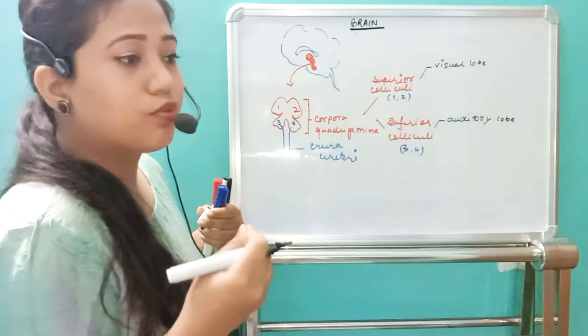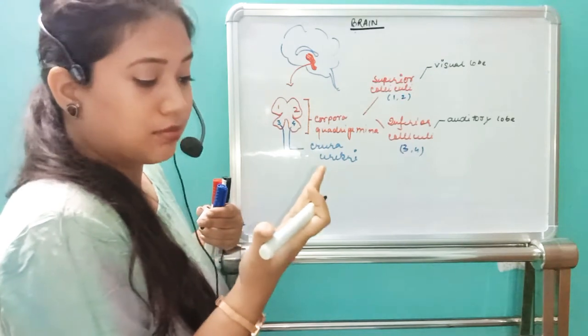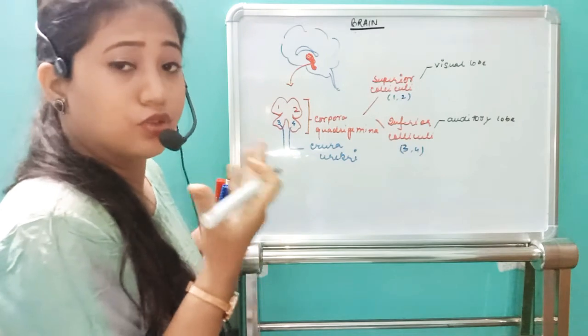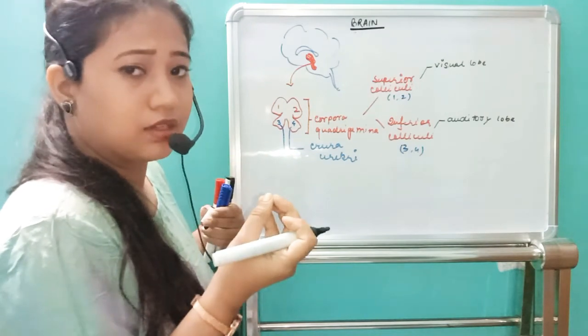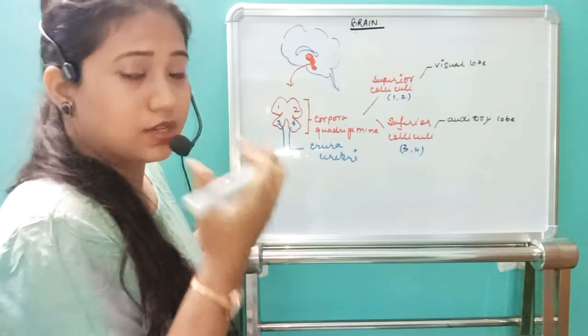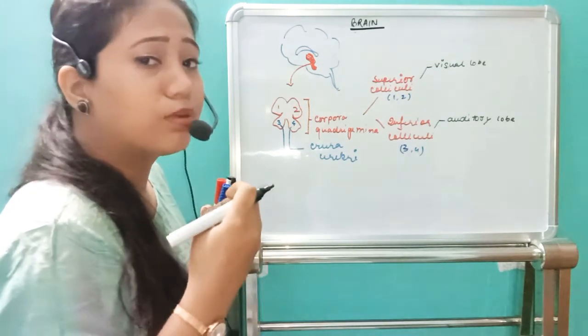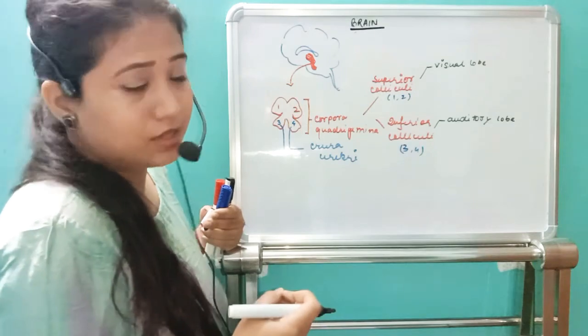How does it control them? Suppose we are not able to see something or zoom in on something, then we turn our head to see this object closely, isn't it? So we control the head and the eye movement so that we can properly focus on that object.